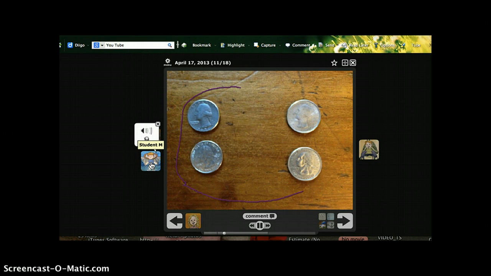All of these together is $1. If you do this, both of them is 50 cents, half of $1.